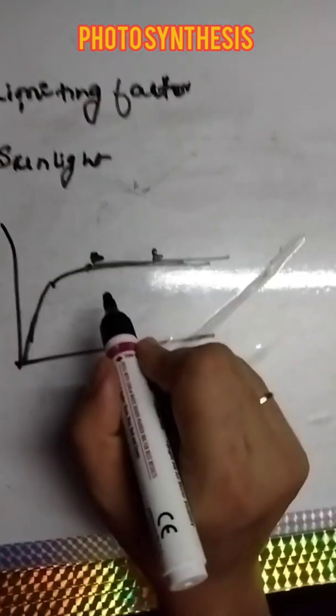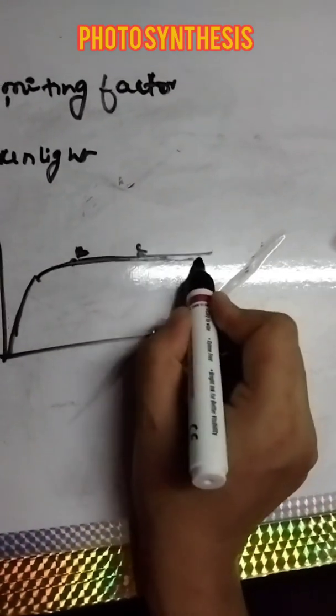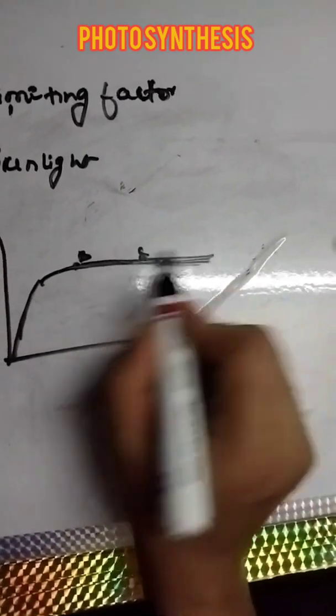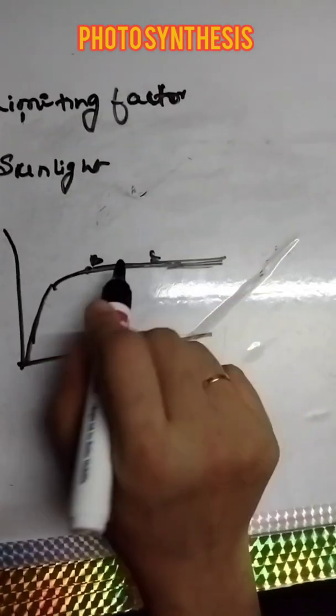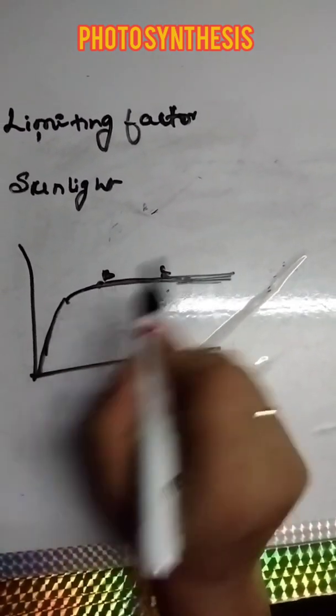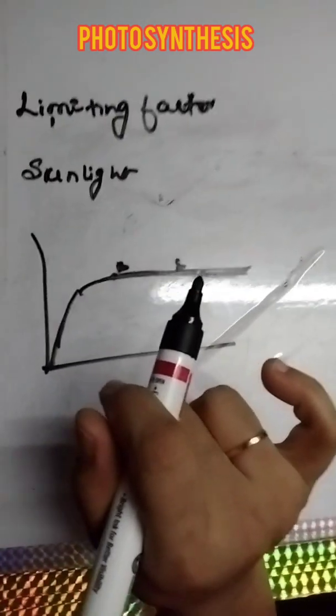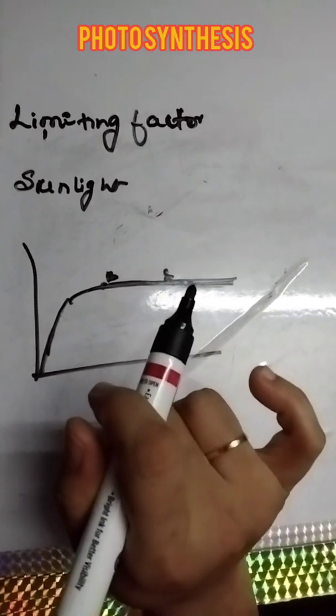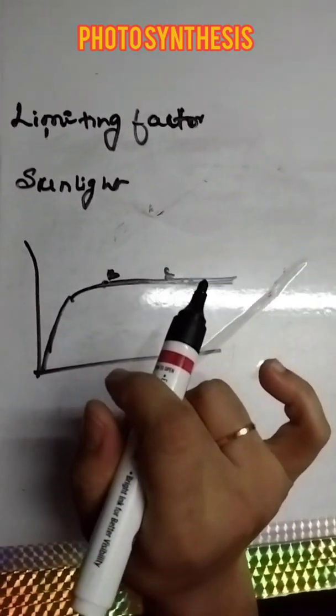What if the sunlight is more? If the sunlight is at the maximum limit, photosynthesis is high. If it goes above the maximum limit, then photosynthesis does not occur. Why? Because excess sunlight kills the chlorophyll. Chlorophyll is the one which traps the sunlight.